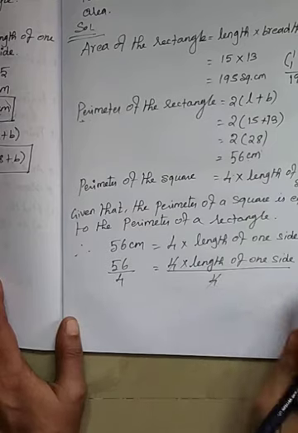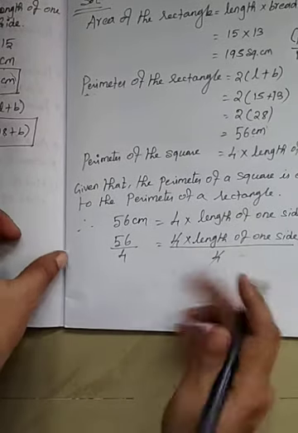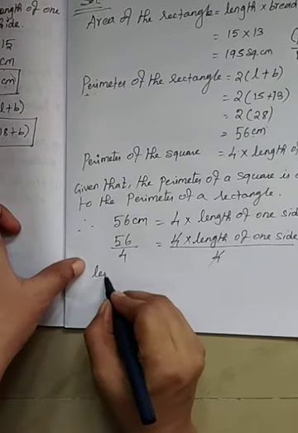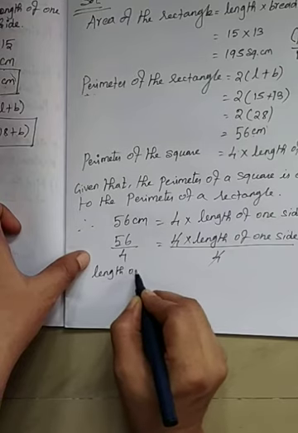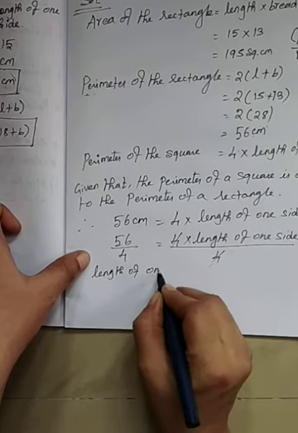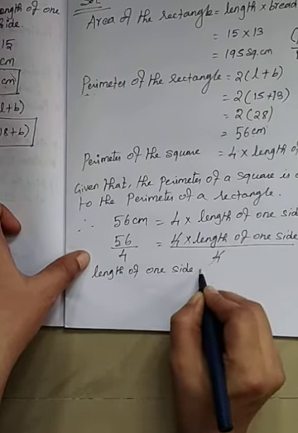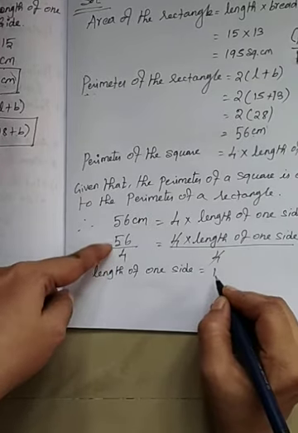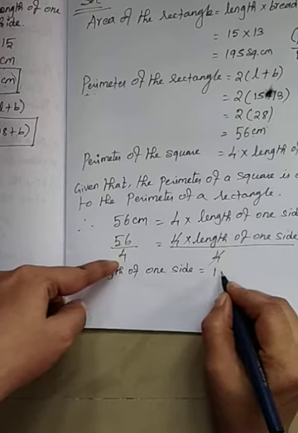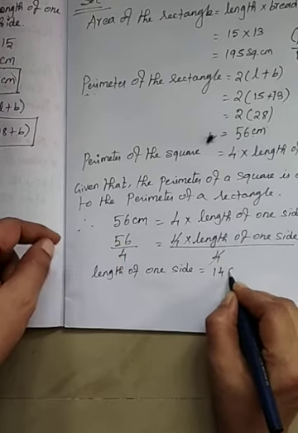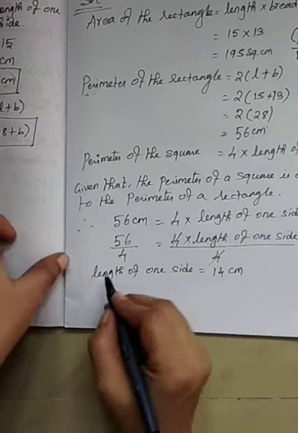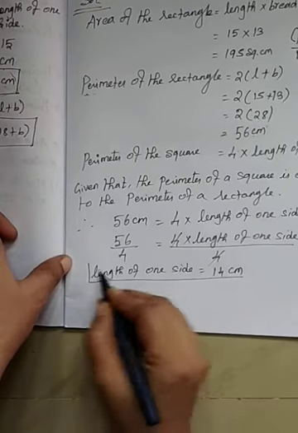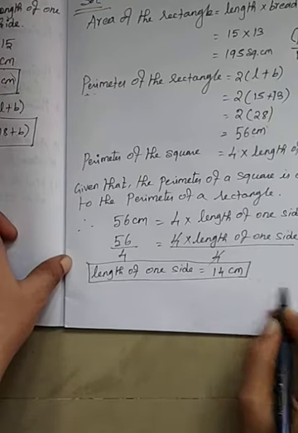Now see here, cancel the 4. So you will get length of one side equal to, simplifying in that one, what will you get? 1 4s are 4, remainder 1, 16 is there, and then 14 centimeter. So length of one side is 14 centimeter.